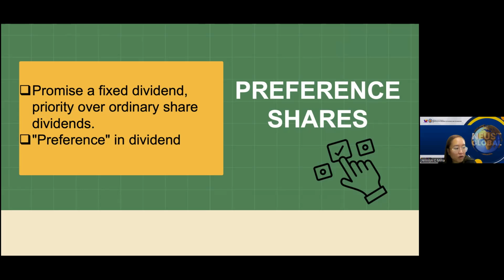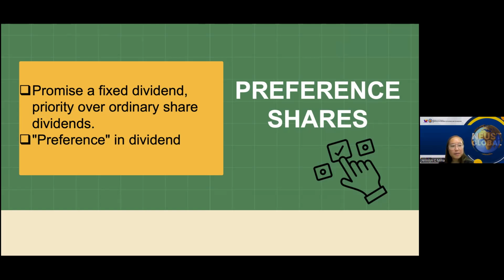We also have convertible versus non-convertible. Convertible can be changed into equity shares, but non-convertible cannot be converted into equity shares. So why do companies issue preference shares? Companies issue preference shares to raise funds without giving away voting control.